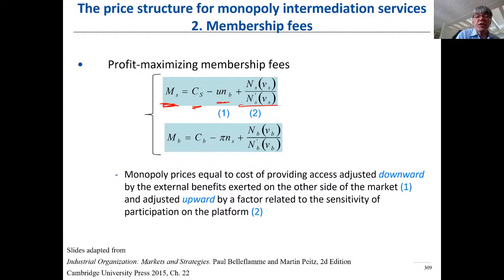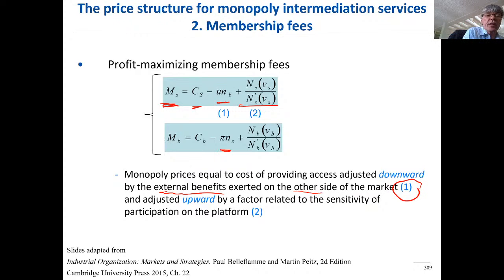This minus something is the one here. Monopoly prices are equal to cost, that's the first part, and they are then downward adjusted according to this external benefit exerted on the other side of the market. So if you're a seller, you get, in a sense, a discount because the platform knows that you produce utility on the buyer side.